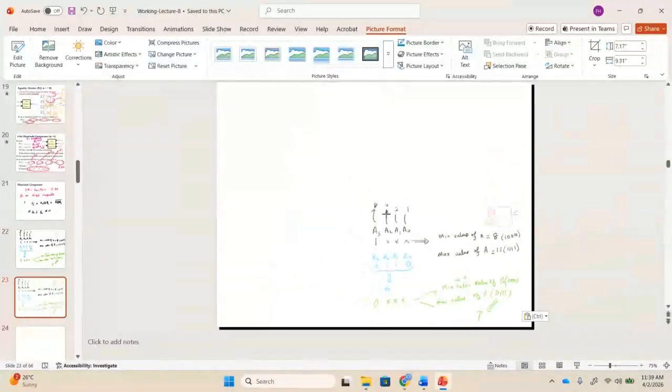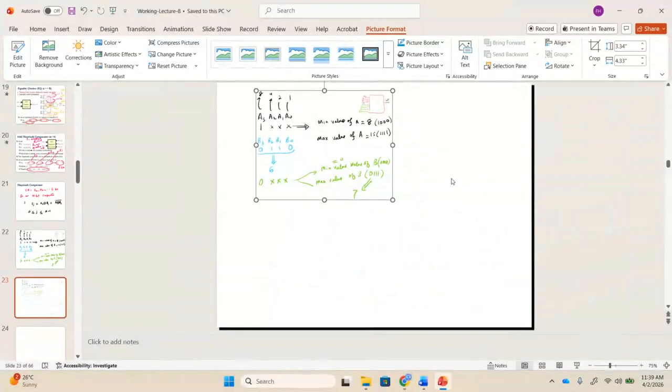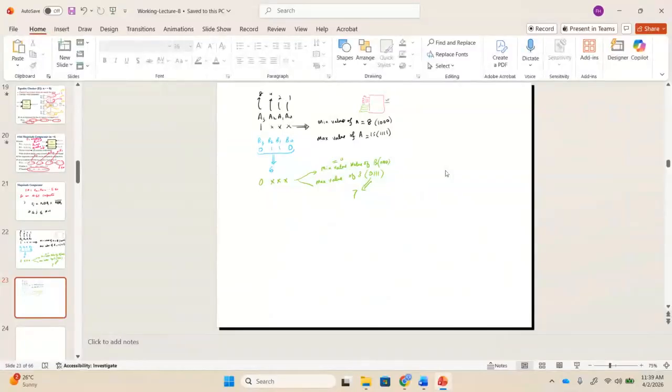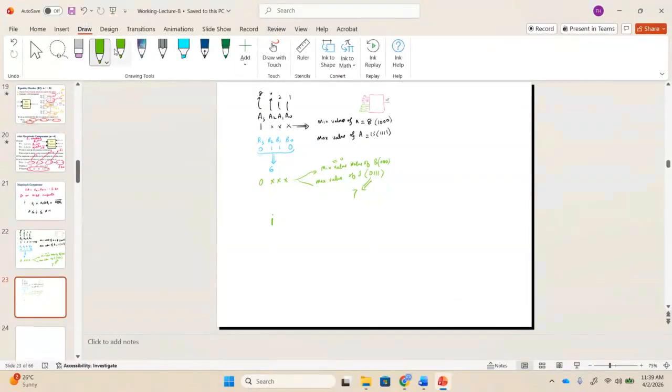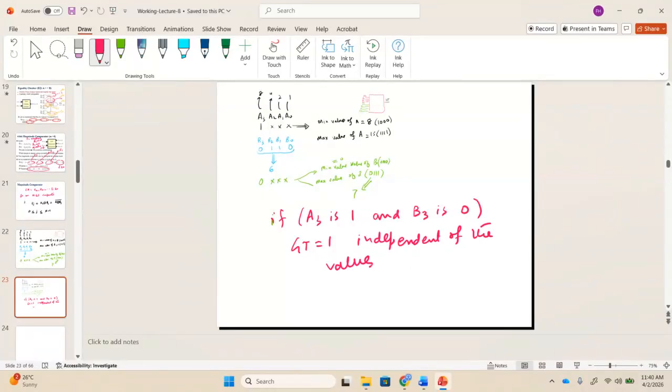What is that logical argument? My logical argument is this: if A3 is 1 and B3 is 0, GT will be 1 independent of the values of what?